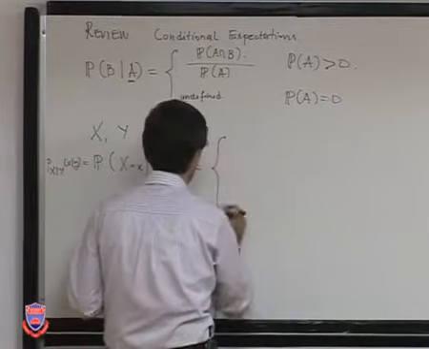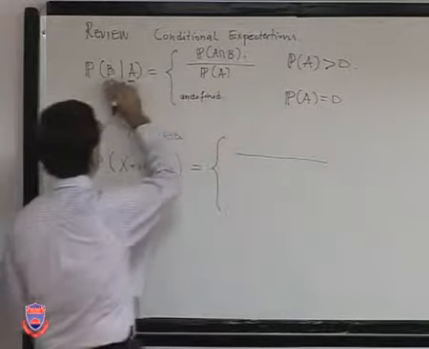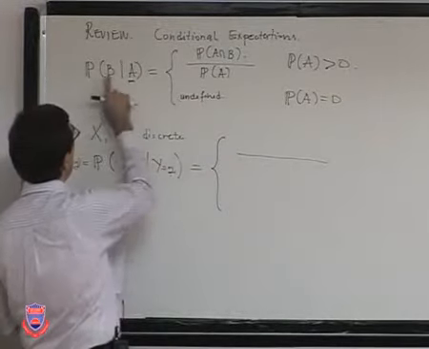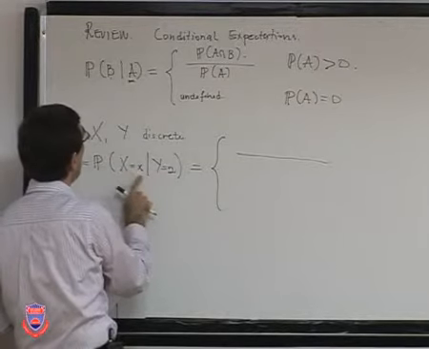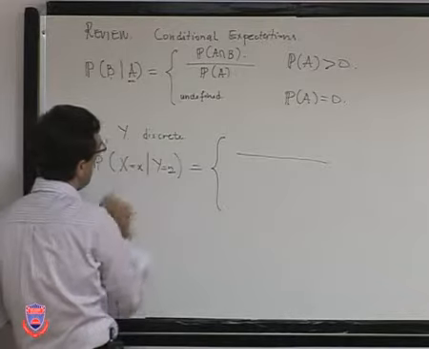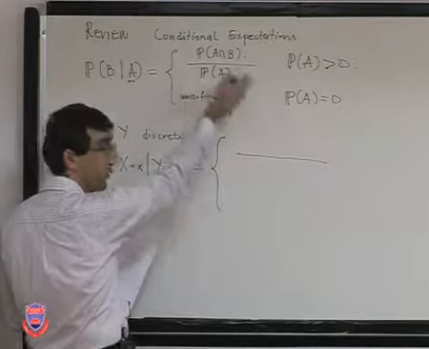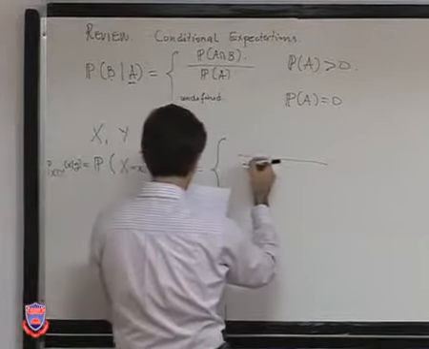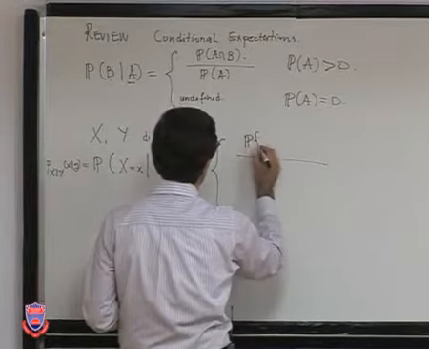And we define this: here in this definition, you take event B as the event that x equals little x, and you take event A as the event that y equals little y, and then you just apply this definition, and that will give you what?